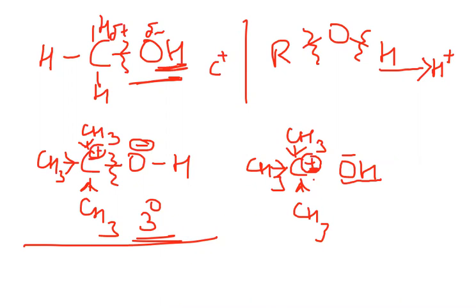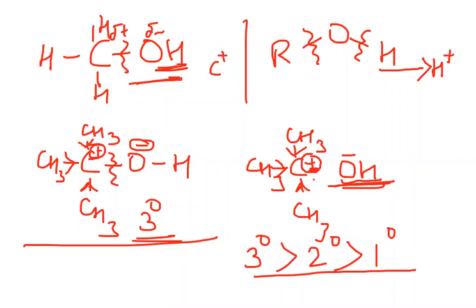So due to the stable carbocation, the release of the OH group in the case of tertiary alcohol becomes easier. And therefore, the reactivity order of the primary, secondary, and tertiary alcohols in the case of cleavage of the carbon-oxygen bond follows the order that tertiary is maximum, then secondary, and then primary. This also forms the basis of the Lucas test.